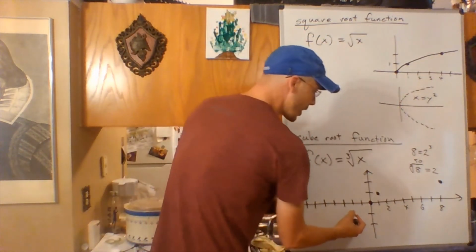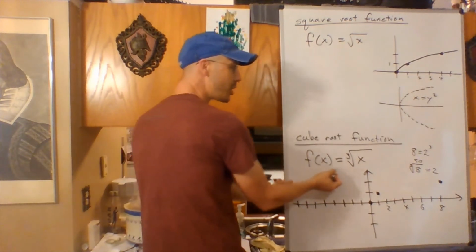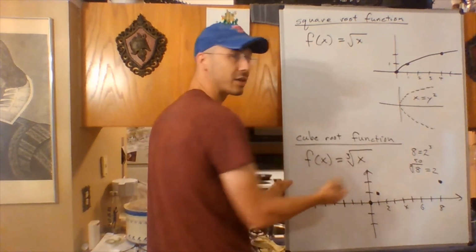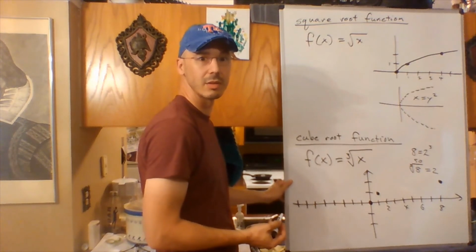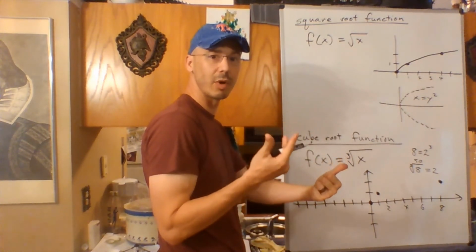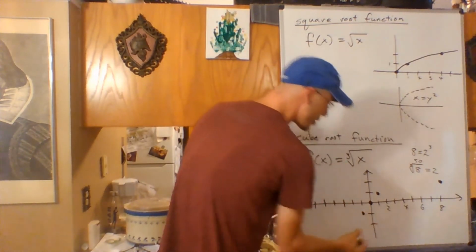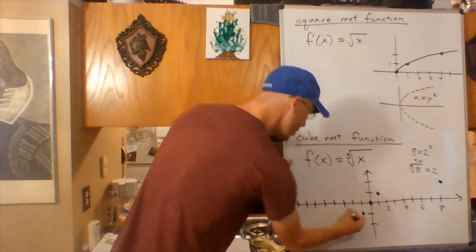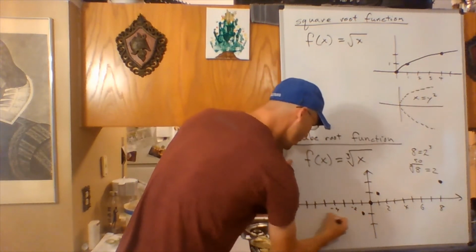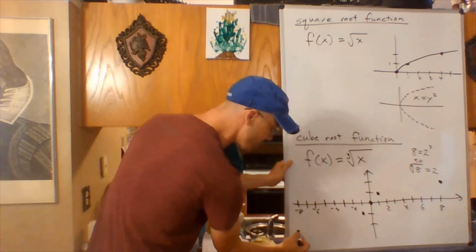Now going the other way, I'm going to get a few more points. The f of -1, or the cube root of -1 is -1. -1 times -1 times -1 is -1. So the cube root of -1 is -1. And also, the cube root of -8 is -2.